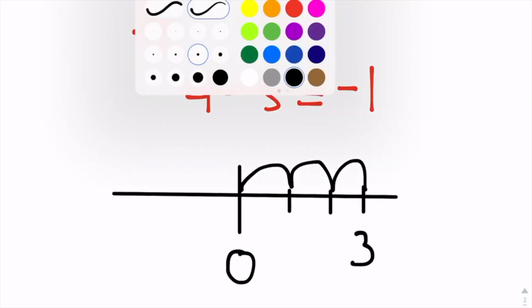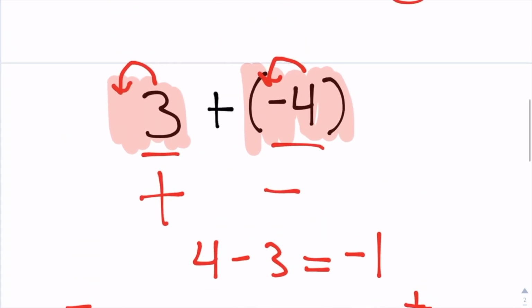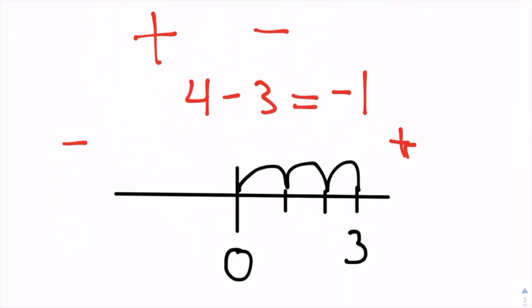Okay, again, remember, my positives are this way, my negatives are this way. So then it told me to go to the negative 4. So I'm going to the negative 4. 1, 2, 3, 4. My one step behind my 0 is my negative 1.